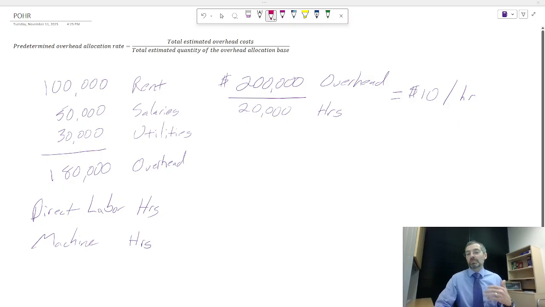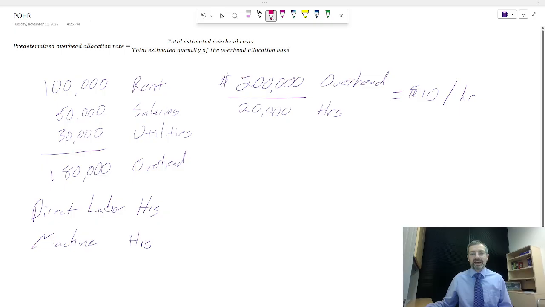This leaves one big practical problem. All year long, we've been using an estimate. We estimated the total overhead. We estimated the direct labor hours. At the end of the year, what happens when our actual bills come in? What if our actual factory electric bill or actual supervisor salaries or actual factory rent didn't add up to exactly $200,000 like we estimated?